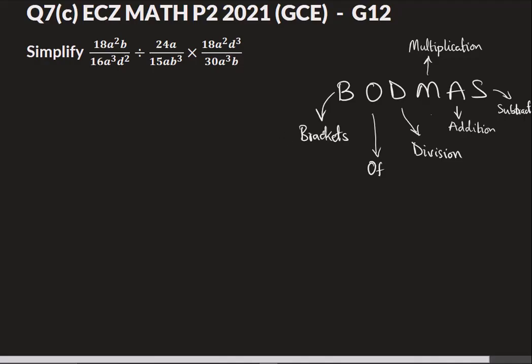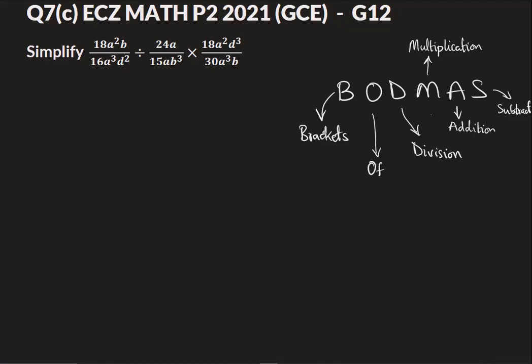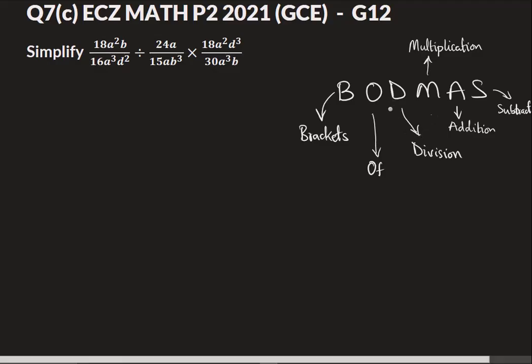First, you start with what's in the brackets, what is multiplied over there. Next, you follow division, multiplication, addition, then subtraction. In most cases, I've found that it's very important for you to observe the last 4 parts: division, multiplication, addition, subtraction. In this question, that's what you need to focus on.